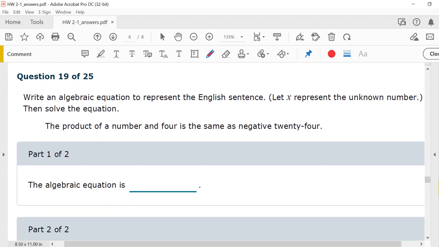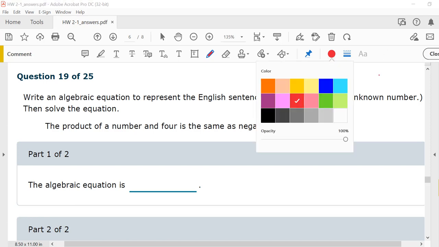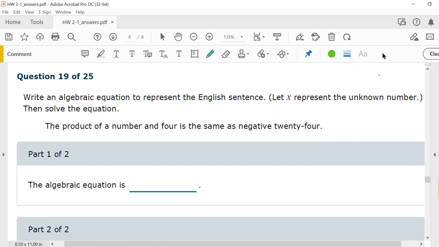Number 19. An algebraic equation of, okay, here we go. The product of a number and 4 is the same as -24. Okay, product means you're going to multiply.